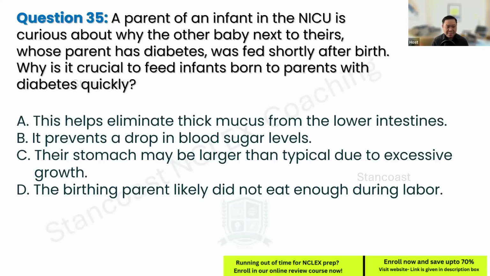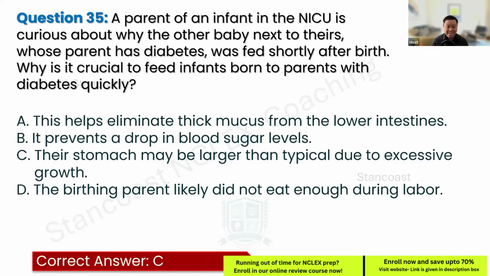A. This helps eliminate thick mucus from the lower intestines. B. It prevents a drop in blood sugar levels. C. Their stomach may be larger than typical due to excessive growth. And D. The birthing parent likely did not eat during labor. The answer here should be letter C.